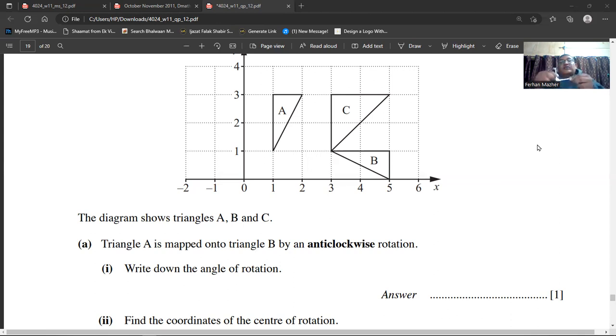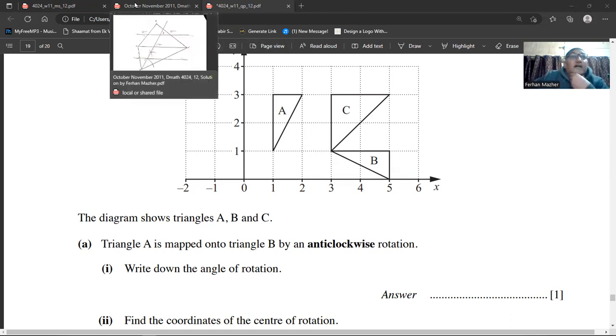So how this is possible? This is like this. So 90, 180, 270. So the angle is how much? 270 degree. If you have a set square with you, then it will be very easy. You can rotate the set square.